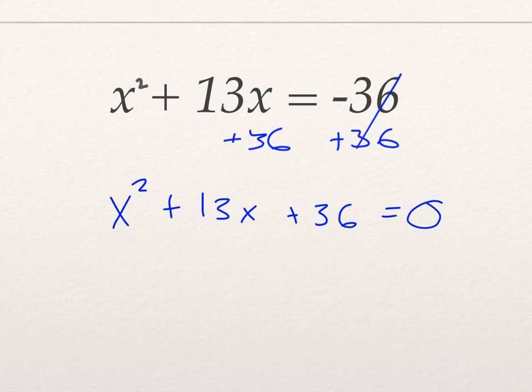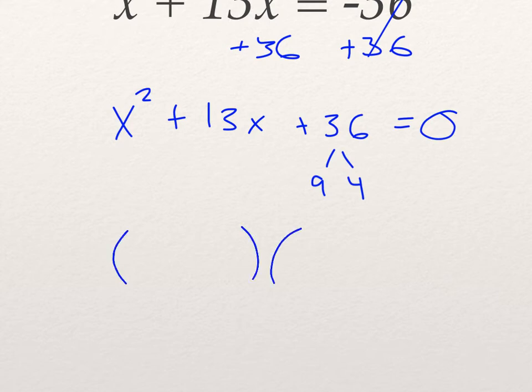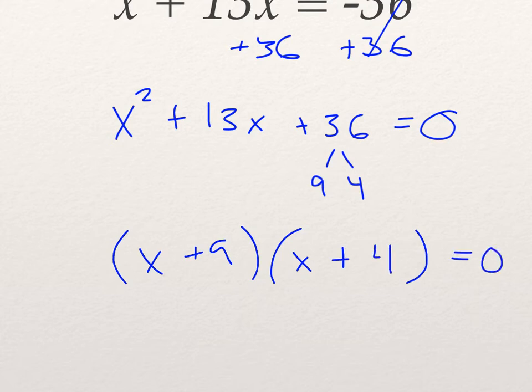The factors of 36 that add to 13. What would they be? 9 and 4. Awesome, 9 and 4. Perfect. So we have x plus 9 and x plus 4. What should we do next?